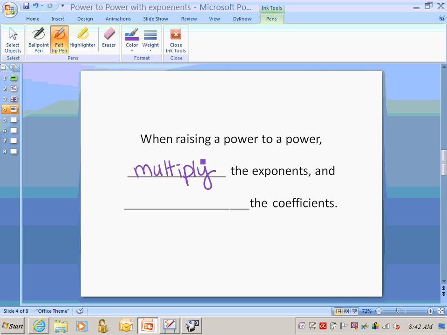The coefficients would get the power though, because they have the power of 1. I'm thinking maybe if there's coefficients out in front, then we would be multiplying the coefficients too. Okay, I'm not really worried about this part here. I'm worried about that first line. We multiply the exponents. Power to power, you multiply the exponents. Alright?